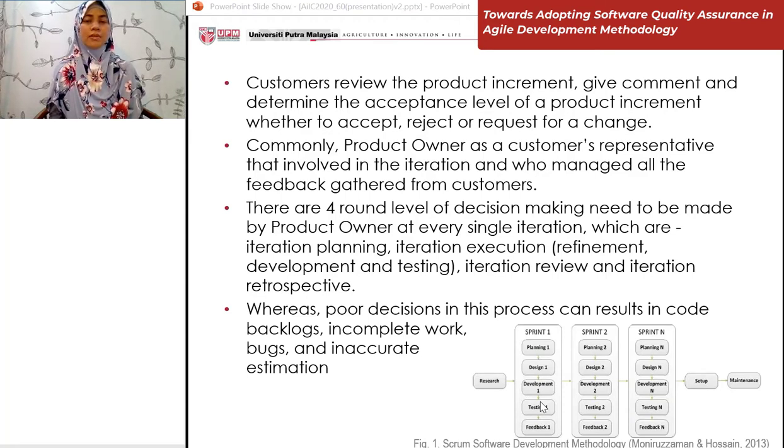There are four levels of decision making to be made by the product owner at every single iteration, which are iteration planning, iteration execution, iteration review, and iteration retrospective. Poor decisions in this process can result in code backlogs, incomplete work, bugs, and inaccurate estimation.